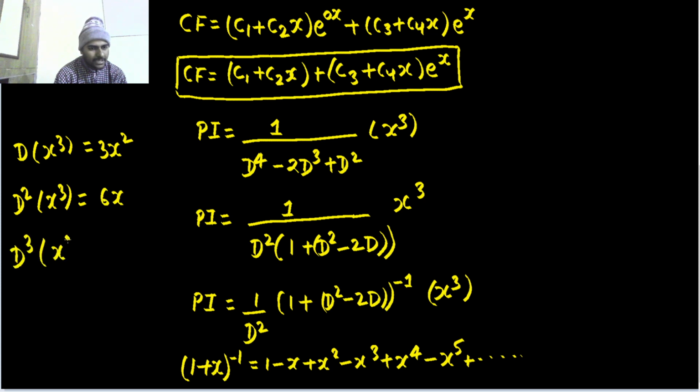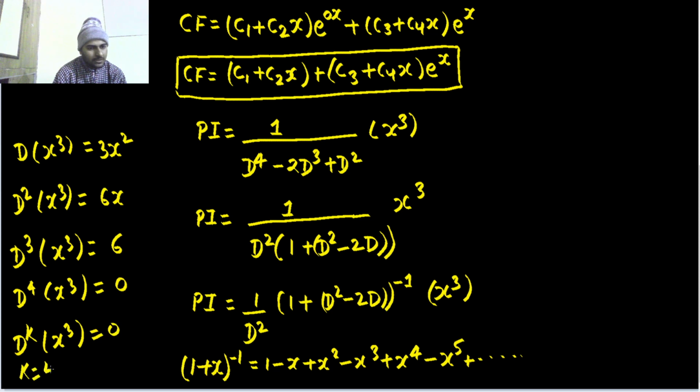Third derivative, again differentiate 6x, so you will get 6. Fourth derivative, again differentiate 6, you are going to get 0. And all the higher derivatives: D^k of x^3 equals 0, where k is 4, 5, 6 and so on. So all the higher derivatives starting from the fourth derivative are going to give us 0. So we are going to open this only till power 3.